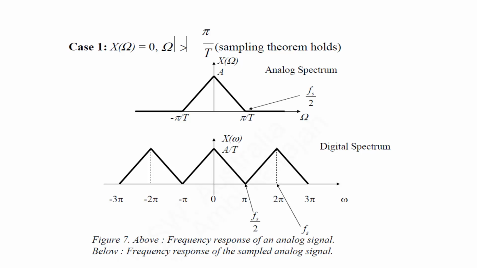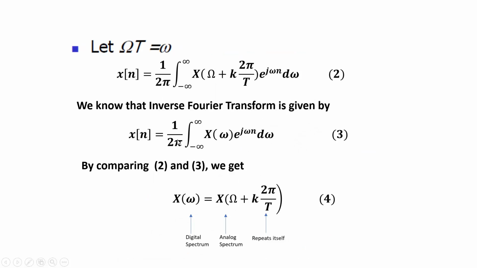If we take the Fourier transform and the analog spectrum of the analog signal is defined by this case 1, where X of omega, the analog spectrum, is 0 outside this minus pi by T and plus pi by T range, we are getting these results from this formula only.